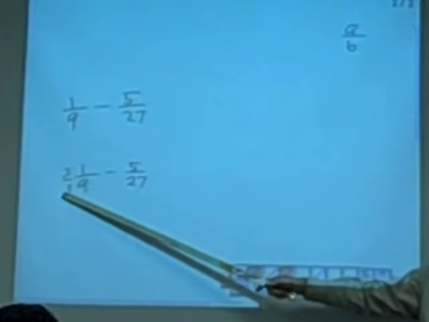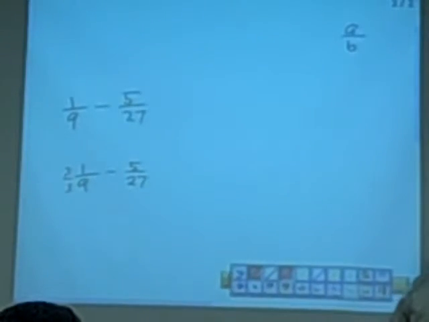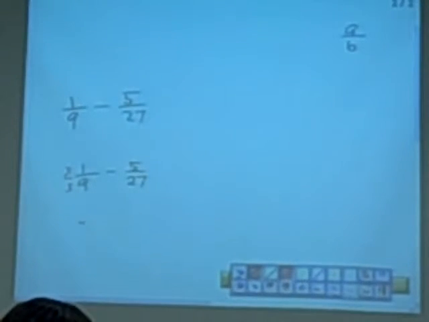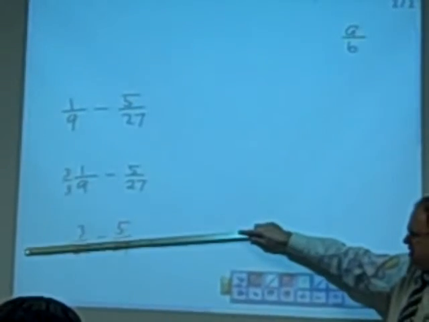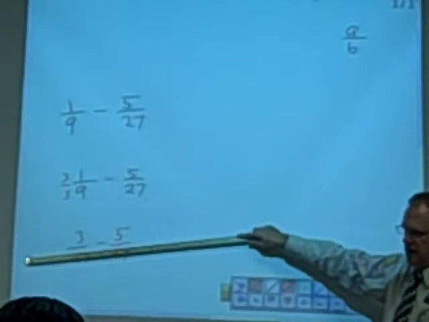If you write this step down, then you can see, well, in this case, 3 times 1 is just going to be 3, but if it's something else besides 1, that's where students can make a mistake. So this will be 3 over 27 minus 5 over 27. Now, if we just looked at this as just 3 minus 5, just no denominator, what do we have?